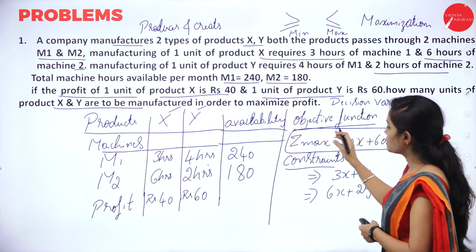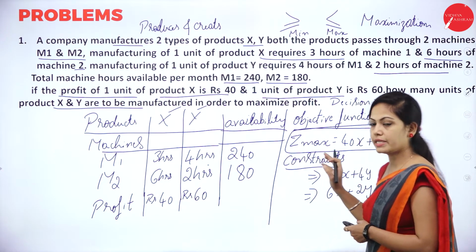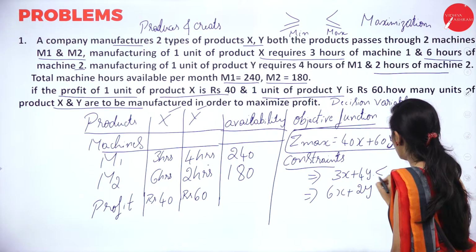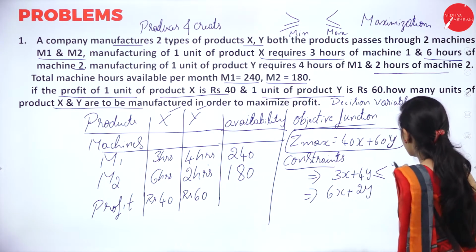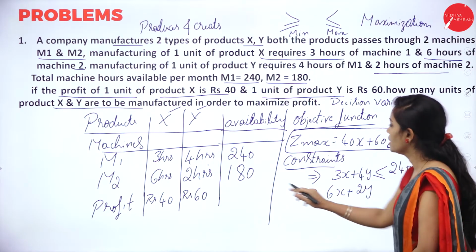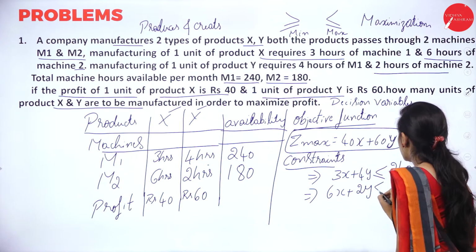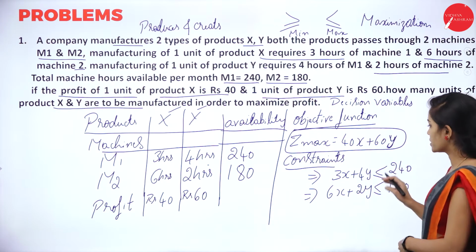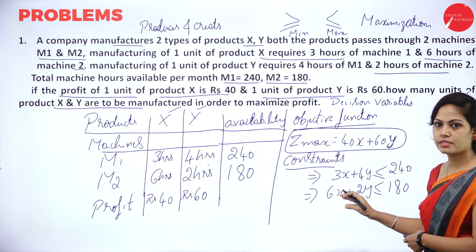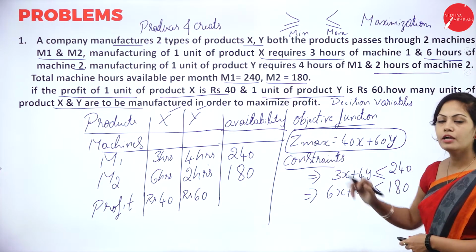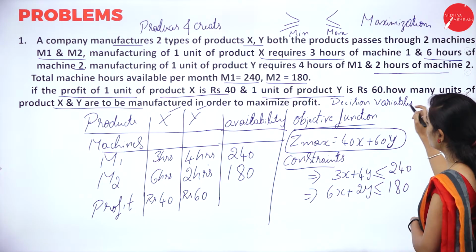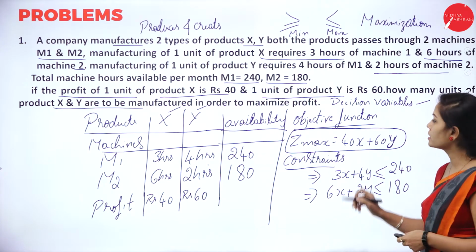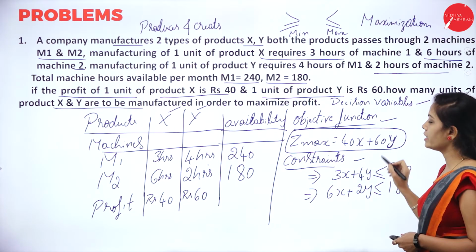Here this problem is on maximization, so I'll write less than or equal to, availability is 240 and second machine availability is 180. So these are my given constraints for product X and product Y. So first we take the decision variables, objective function and constraints.